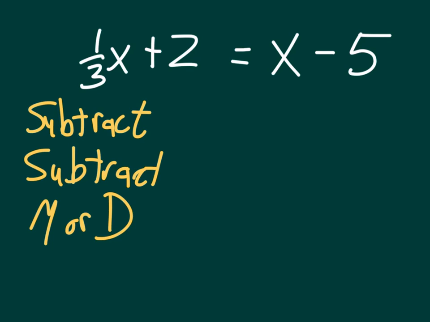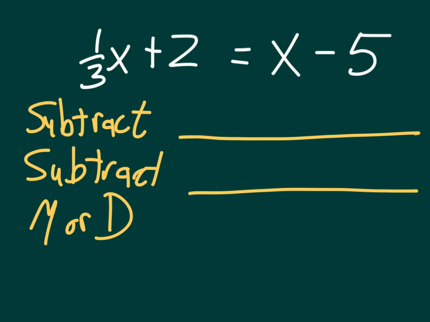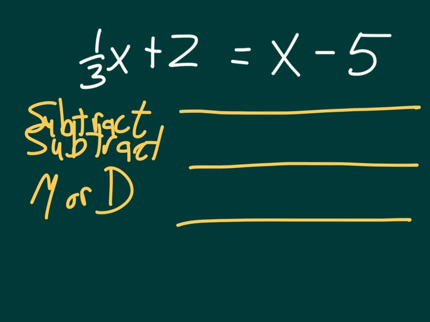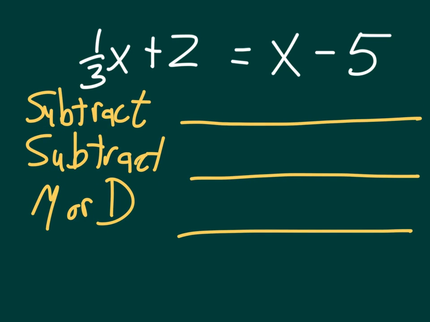What you're going to do on your quarter sheet of paper is fill in the steps. Show this work, then show this work, and then show this work. And I'll tell you what the answer is so that you know if you did it right. If you didn't do it right, go back and see if you can find your mistake. If you did this right, at the end you'll have x equals 10.5.